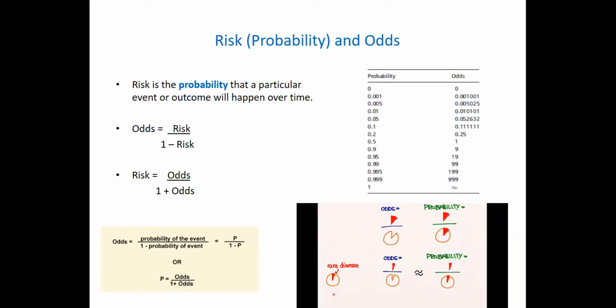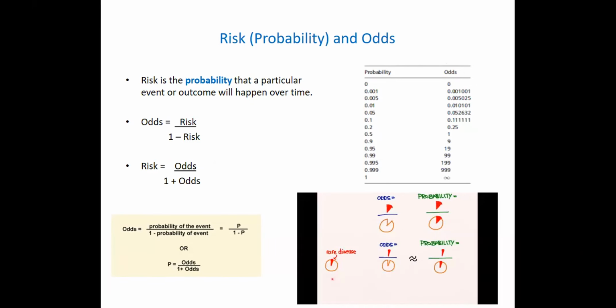Now, if you understand probability, it is the number of outcomes favorable to the event over the total number of possible outcomes.